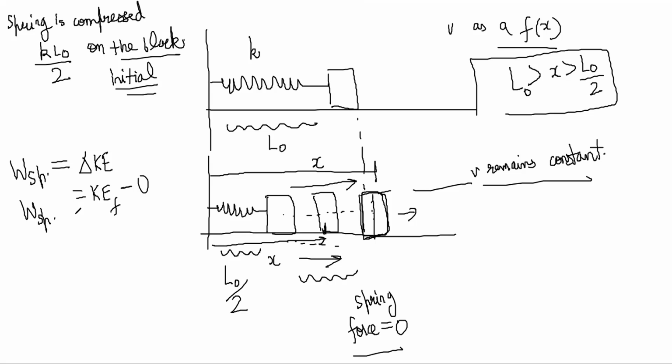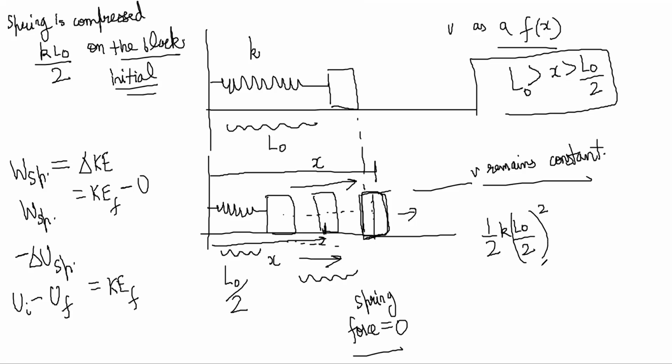Work done by spring force is also conservative, so that will also be minus delta U due to spring. So U initial minus U final, and this is spring potential, is equal to kinetic energy final. And U initial is half k, L naught by 2 whole square. Half k x square is the spring potential energy, minus U final. Now, if the total distance from here is x, then what is the compression right now?